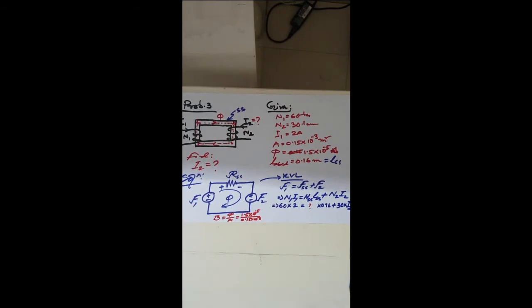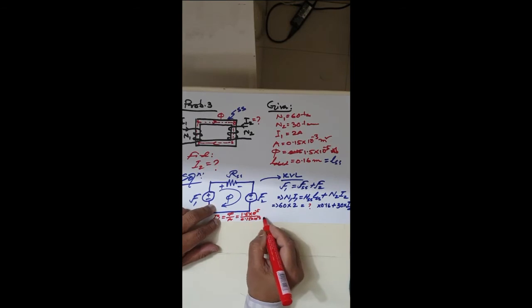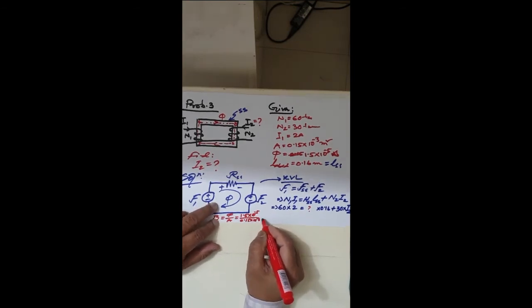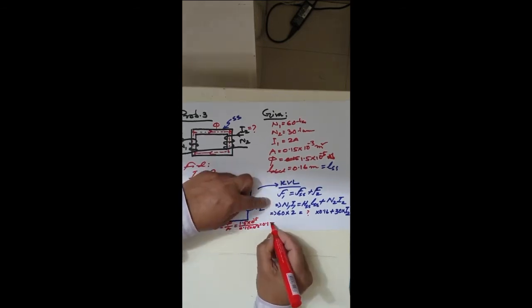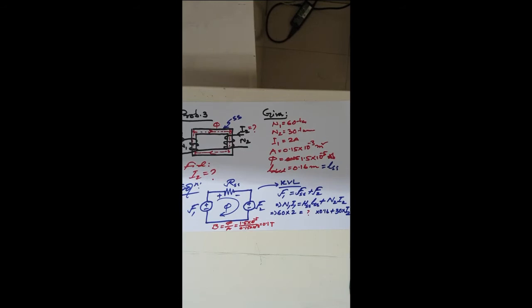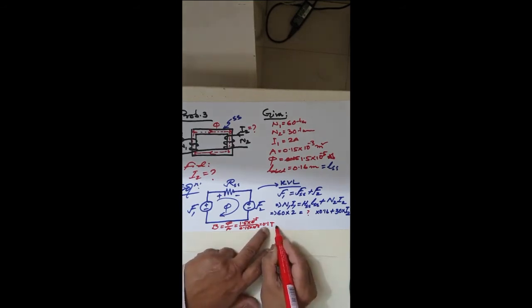So what do you get from here? 1.1 divided by 0.15, you are getting 0.1 Tesla approximately.